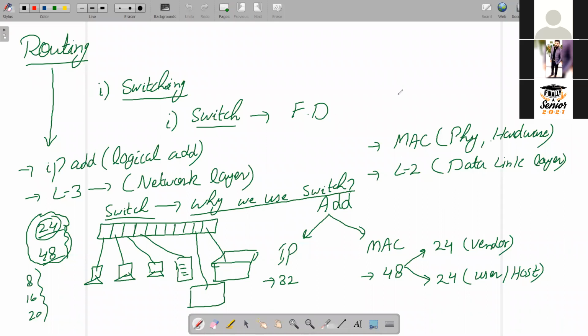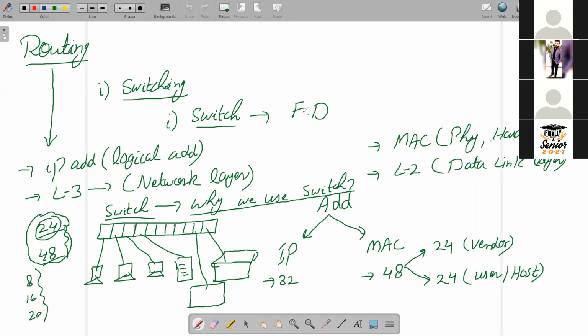Yes. To connect multiple things to a single computer. A single computer, all right. Anyone else? Yes, please. To make a network.